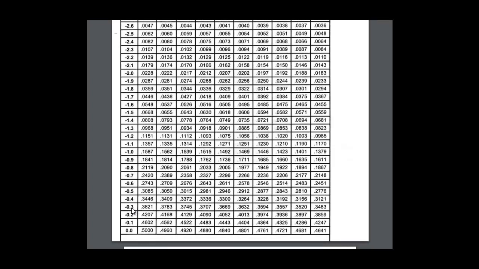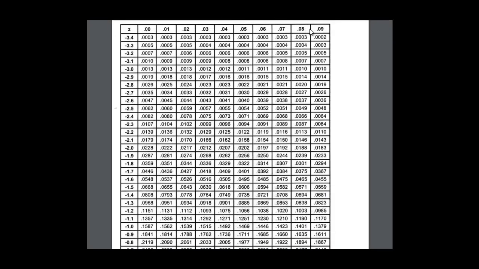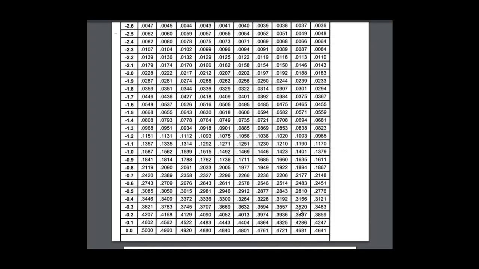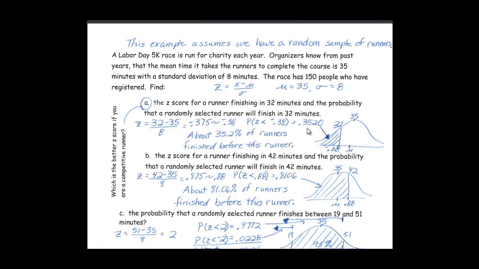Then I go over to the 0.08, which was the second to the last column. So that second to the last column and the row for negative 0.3 intersect at 0.3520. So I wanted you to see where I got that.